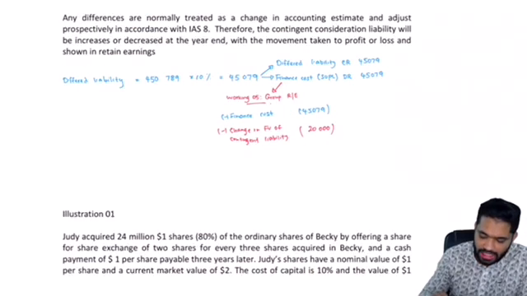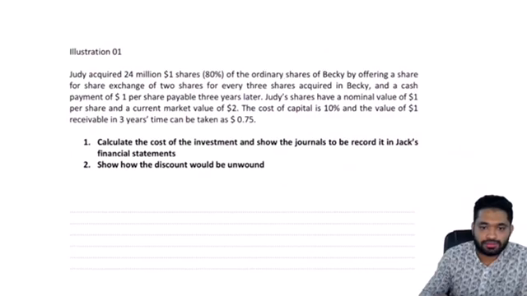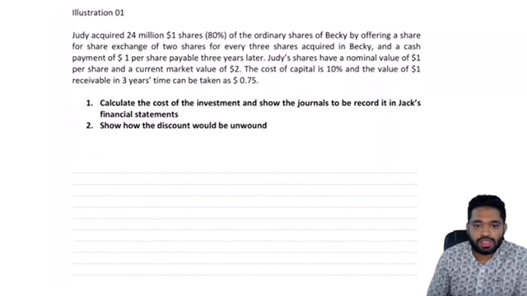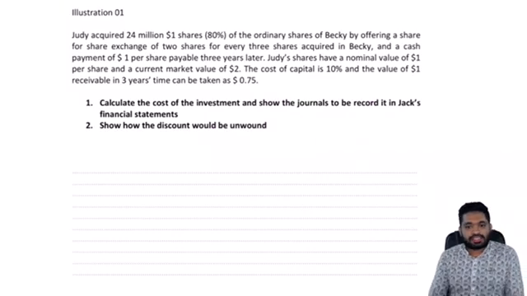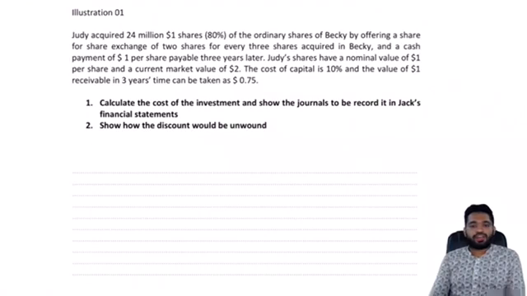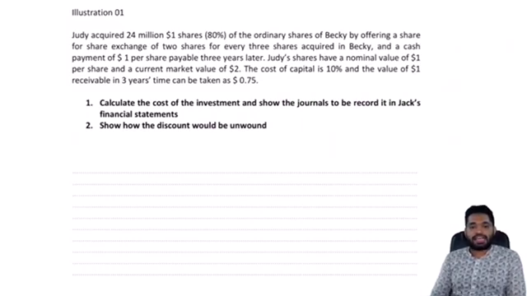So let's look at illustration number 1. Judy acquired 24 million $1 shares, which is 80% of the ordinary shares of Becky, by offering a share-for-share exchange of 2 shares for every 3 shares acquired in Becky, and a cash payment of $1 per share payable 3 years later.